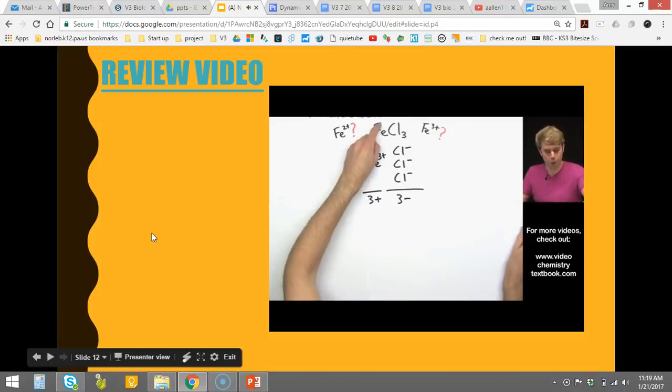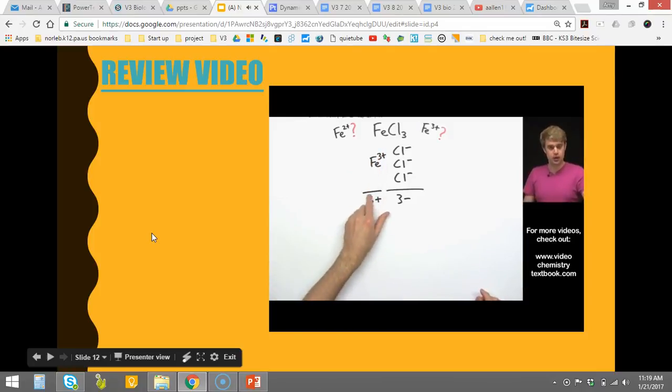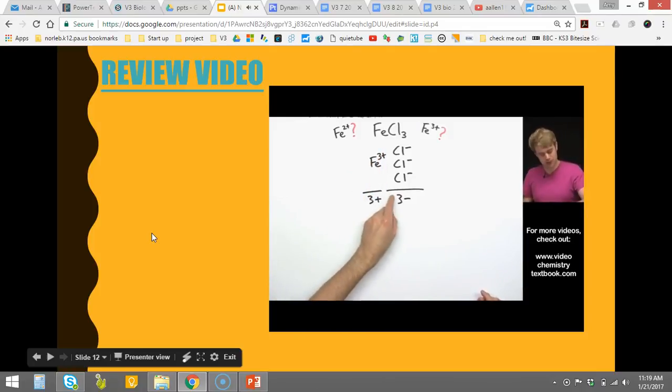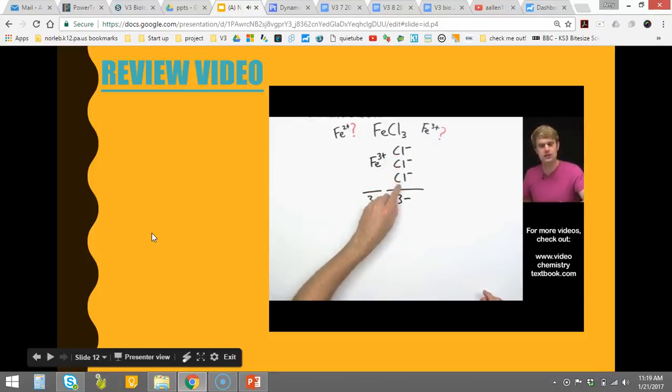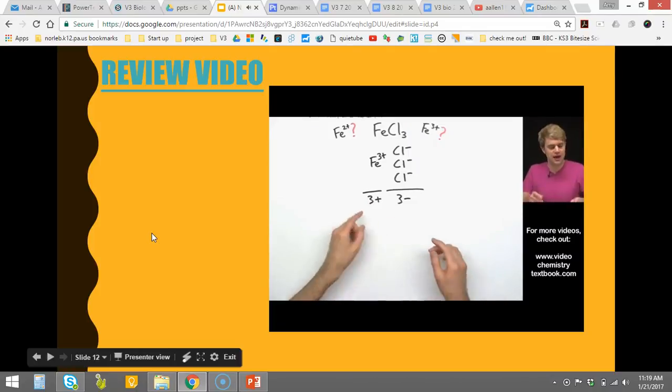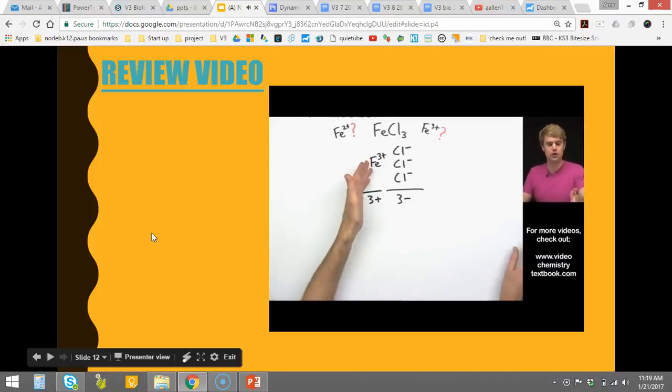Okay? So one ion of Fe3+ gives us 3+ of charge, which has to be balanced out by the 3- over here, which is distributed over the 3 Cl-. So that's how we figure out the charge on iron.